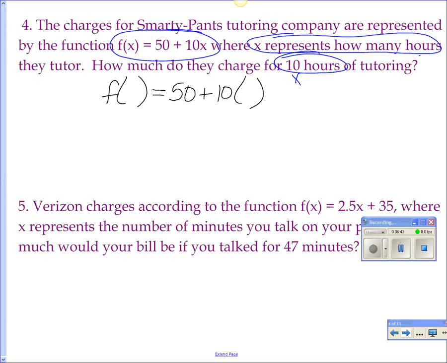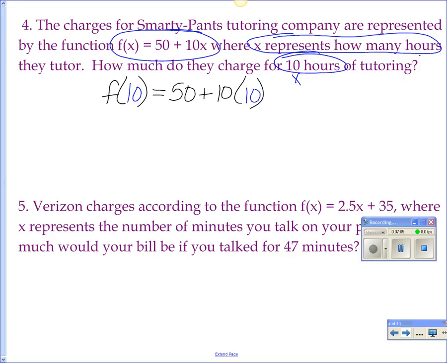Okay, all right, Chuck, what's going in the empty set? 10 hours. So we put 10 in both of them. Okay, all right.